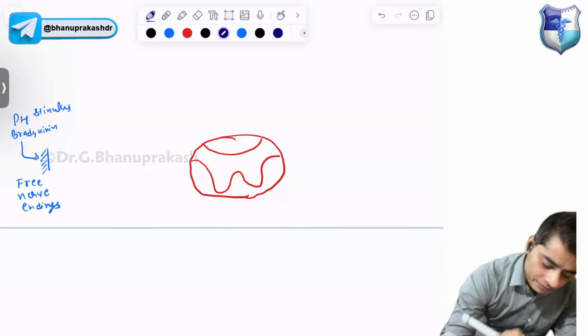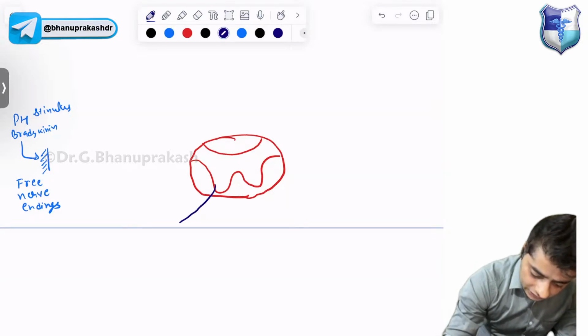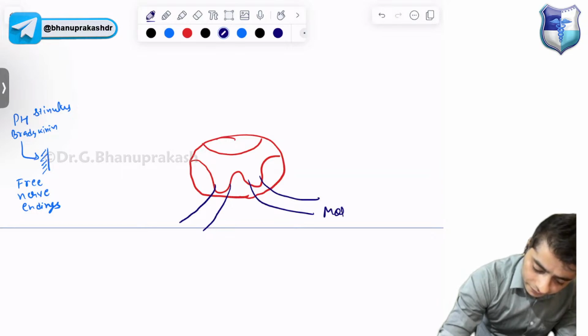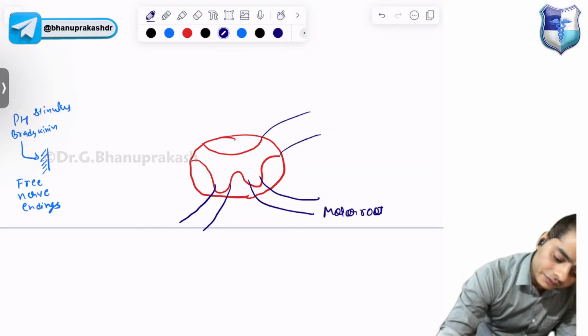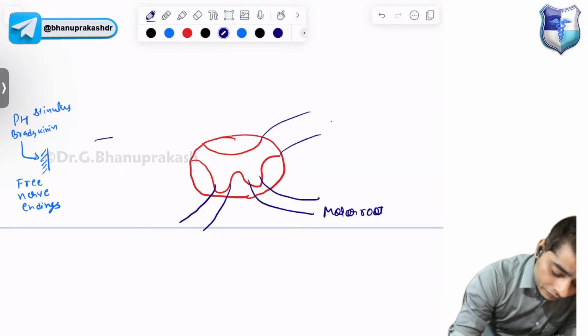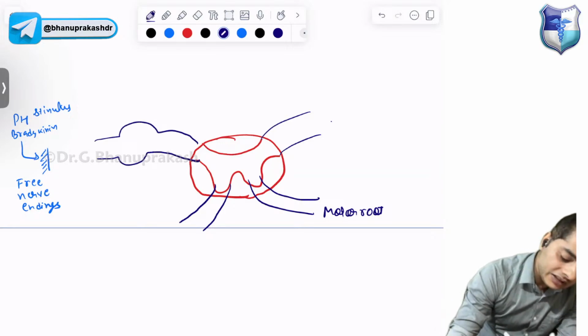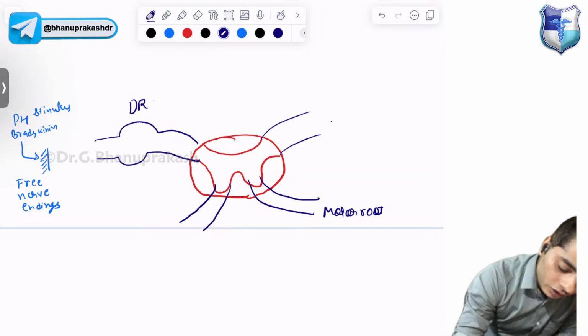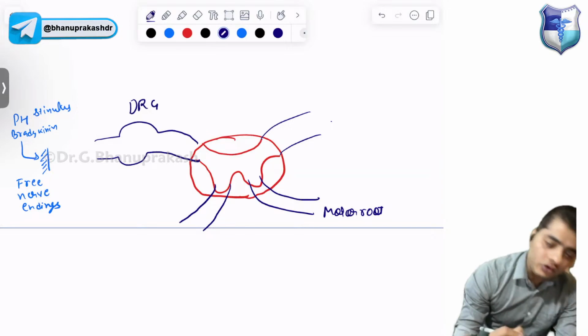Now, in the spinal cord, there is a motor root and a sensory root. And this part in the sensory root is the DRG, dorsal root ganglion.